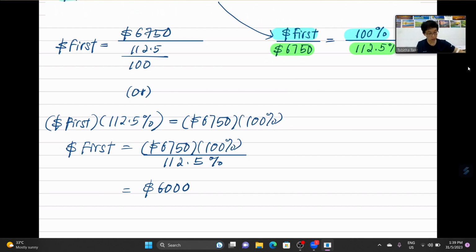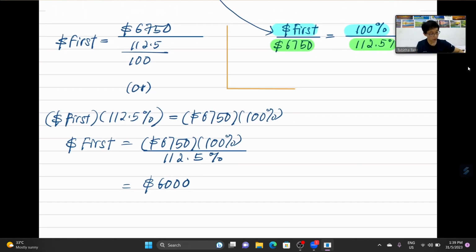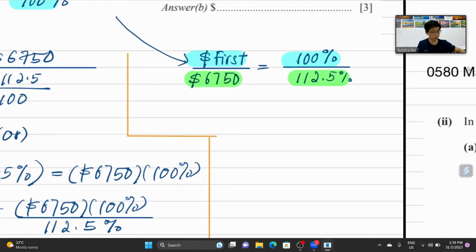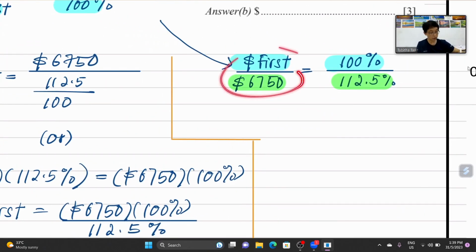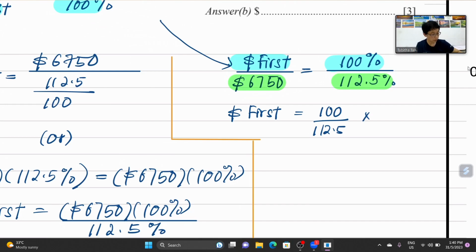Let me just, okay, all right. So if you happen to arrange in this way, what you're going to get is 100 over 112.5 multiplied by 6,750, and ta-da, the same 6,000 will appear.